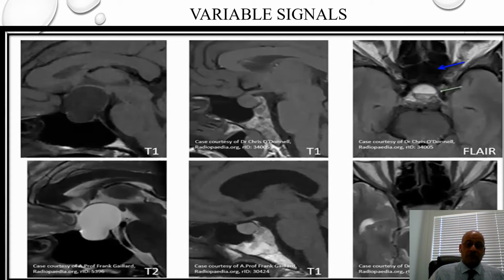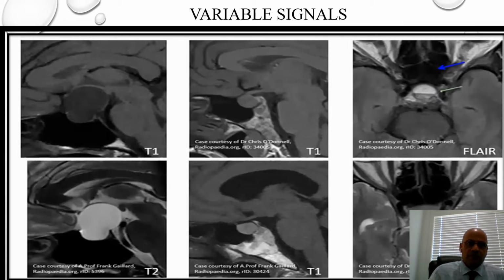But in T2 they are usually either iso or hyperintense, and that's because they have high protein content. So it's nevertheless not difficult to have a provisional diagnosis just by looking at these images at a glance.